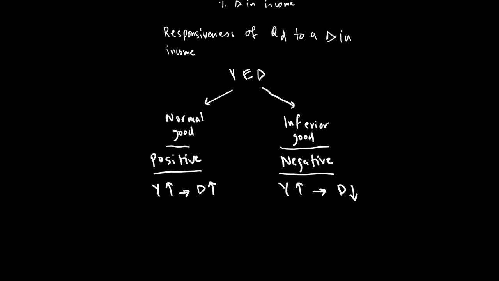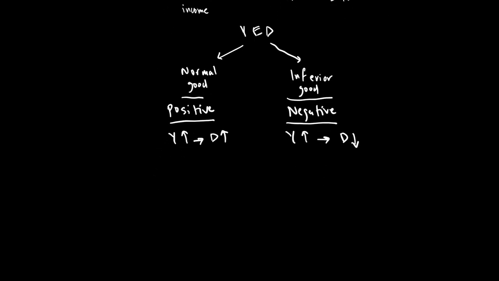Let's see an example to see how it works. So let's say I have an income of 100, and let's say I'm buying 50 units of a good, right? And what if now my income goes to, for example, 120? So my income is going up, and the quantity as a result of my income going up is, let's say, 100.